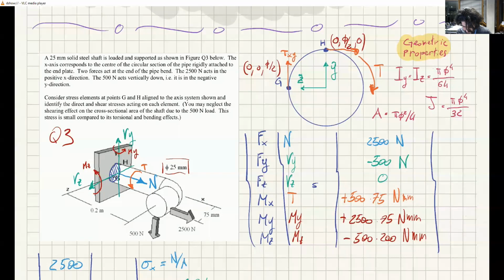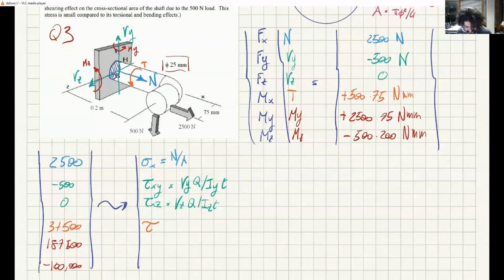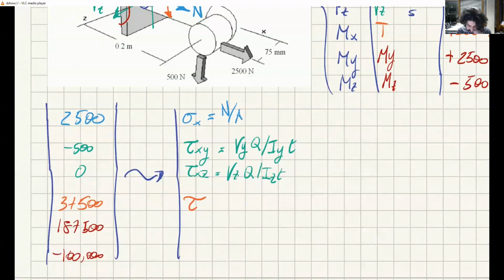So this depends on which point we are looking at. So we can't have a definitive direction yet for this tau. So let's say that this is T over J times R.